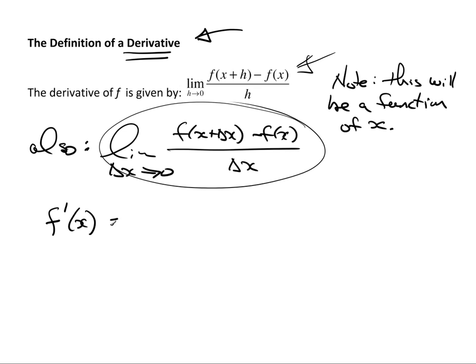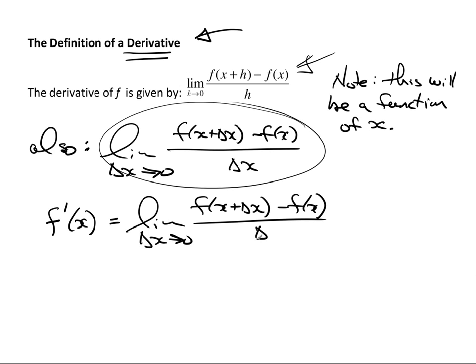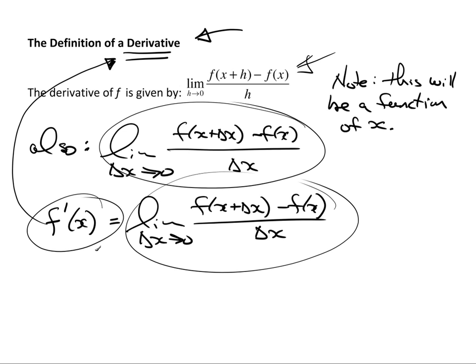F prime of x equals the limit as delta x goes to 0 of f of x plus delta x minus f of x over delta x. So f prime is very, very common notation to denote the derivative. The derivative is this process.